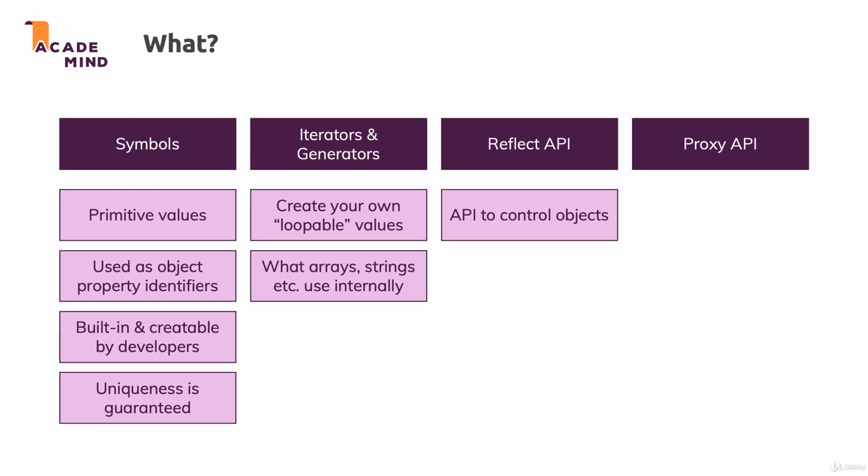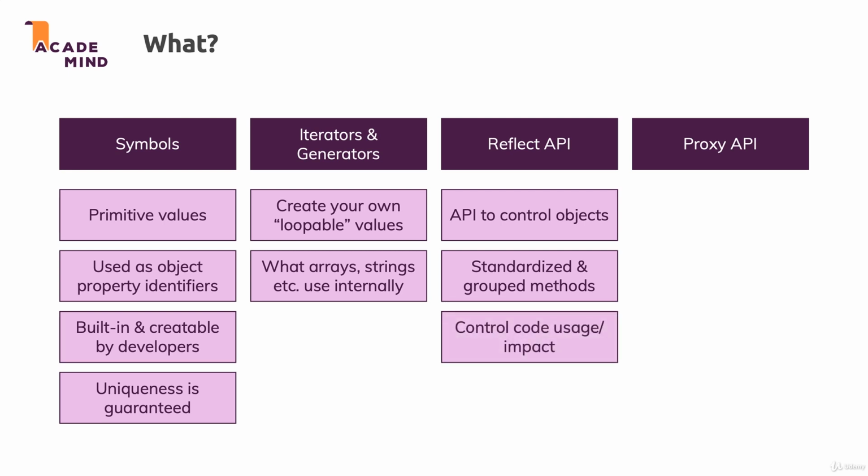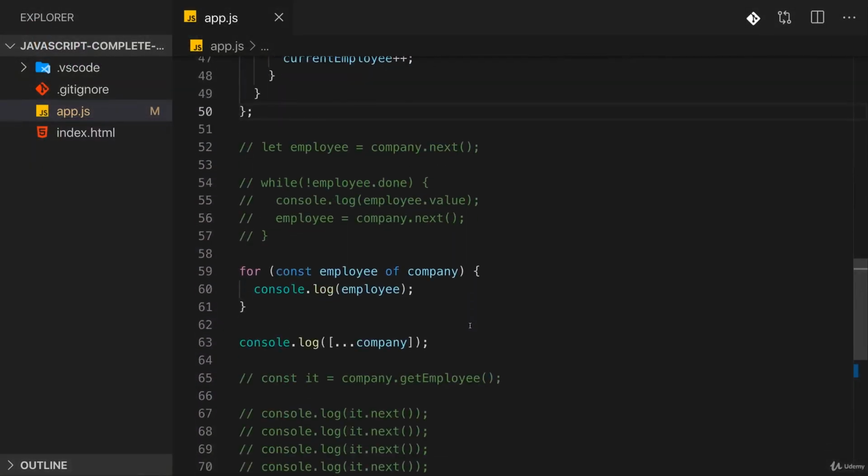Reflect is an object in JavaScript with a bunch of static methods on this class, so to say, which groups a lot of functionalities that help us work with objects. It has standardized and grouped together methods, and the Reflect API, just like all these features, can be used to control how our code is used, how our code behaves, and so on. Now, let's see an example and let's see what the Reflect API offers us.